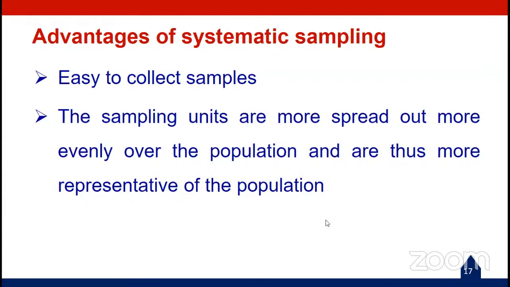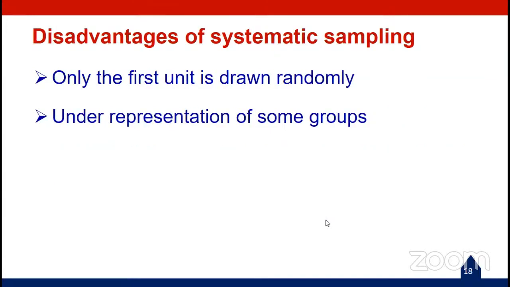The limitations being that we are selecting only the first unit randomly. After that, there is no randomness involved. Only the first unit is random. And similar to simple random sampling, there might be an underrepresentation of some groups.